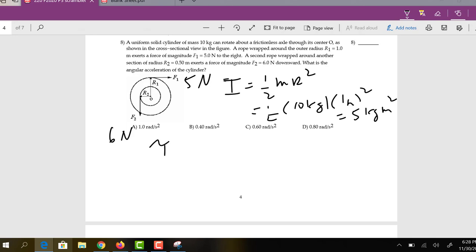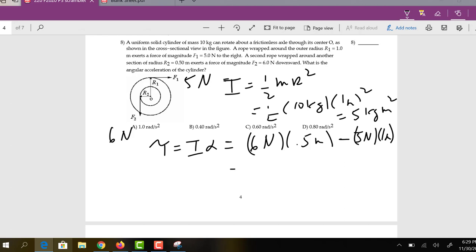So let's see, torque. So the net torque is I times alpha. So what are the actual torques? Well, we have 6 newtons, that's the force, with a perpendicular distance of 0.5 meters, making it rotate counterclockwise, which is actually the positive direction, and then minus 5 newtons, and then the perpendicular distance to where that force is acting, 1 meter.